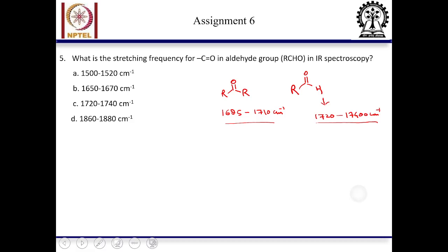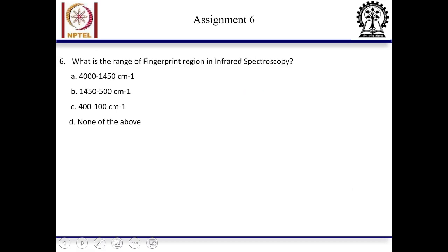Okay, so I will go to question number 6. What is the range of the fingerprint region in infrared spectroscopy? That is again a nice question. Can anyone write what is the range of the fingerprint region?